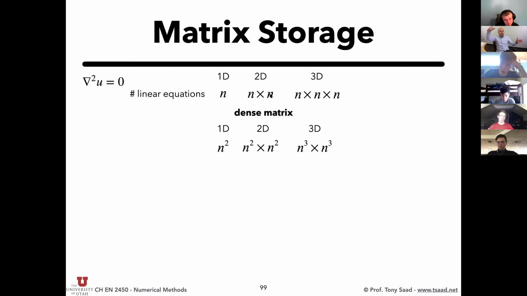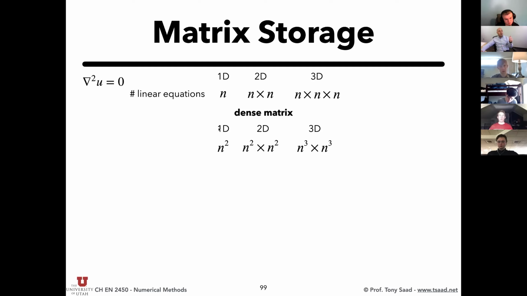Now, to represent the equations as a matrix, as a dense matrix, forget about the zeros. Let's say you're storing everything in the matrix, including the zeros, okay? All of those result in sparse matrices, by the way, because you only have 3 or 5 or 7 non-zero diagonals. That's all, okay? So they are sparse matrices, but if you want to represent them in a dense way, this is the number of entries in the matrix.